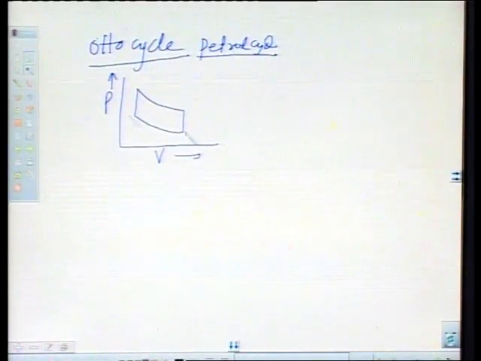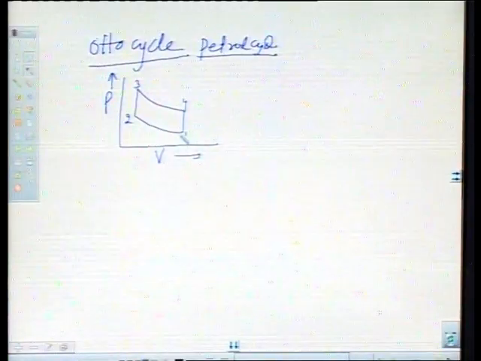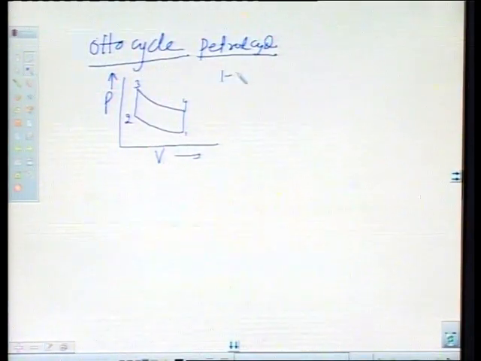This is your first point, second point, third point, fourth point. The Otto cycle is also a constant volume cycle. Now, the 1 to 2 process we call a reversible adiabatic process, or isentropic process.